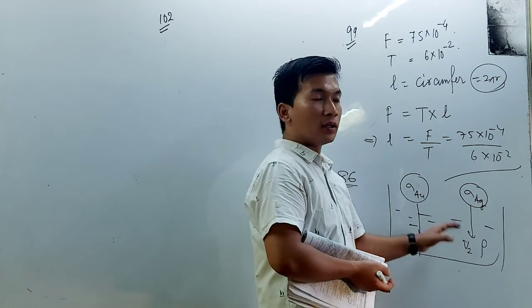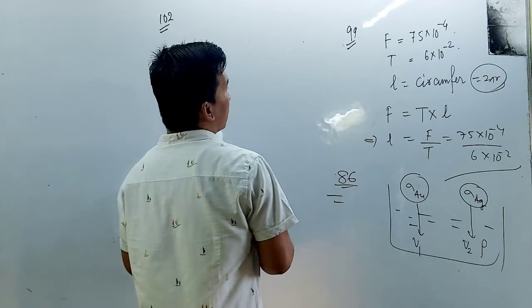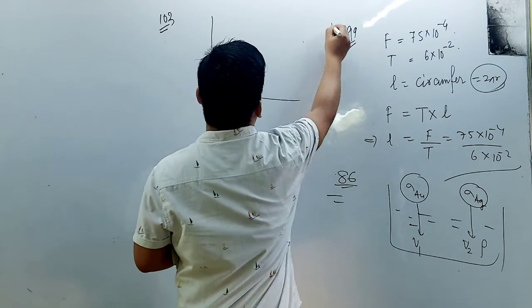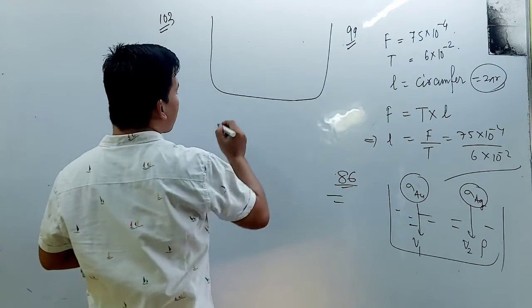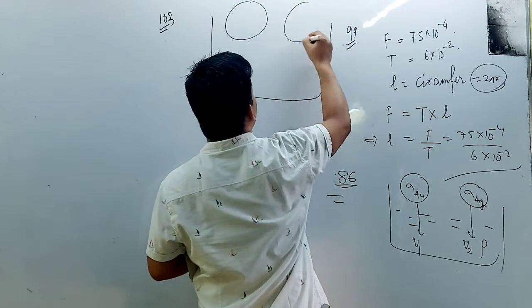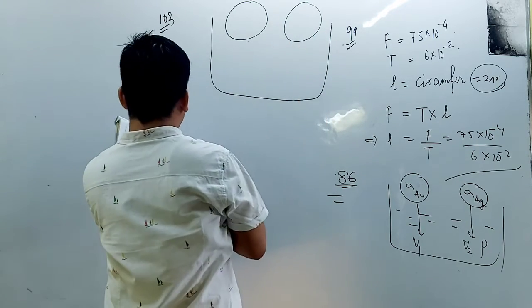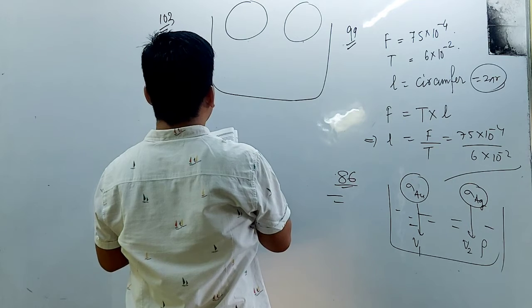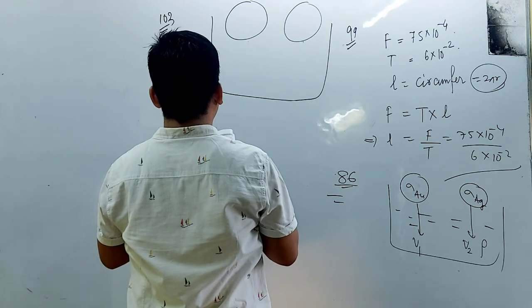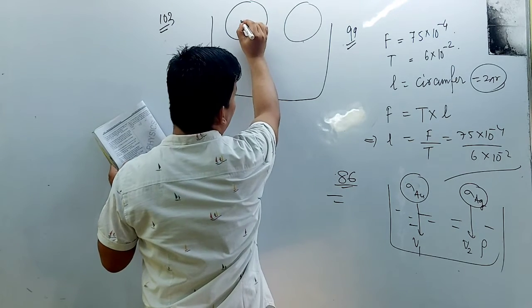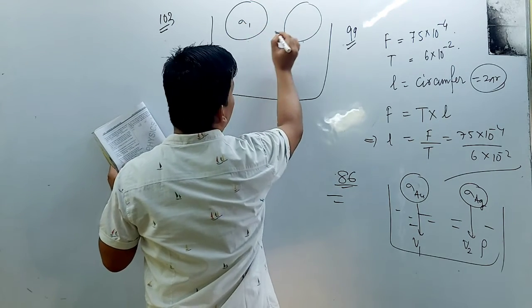But now for your question number 103, this is very simple. Now we have two different sizes. Two metal spheres are falling through the same liquid. This is sigma 1 and this is sigma 2.